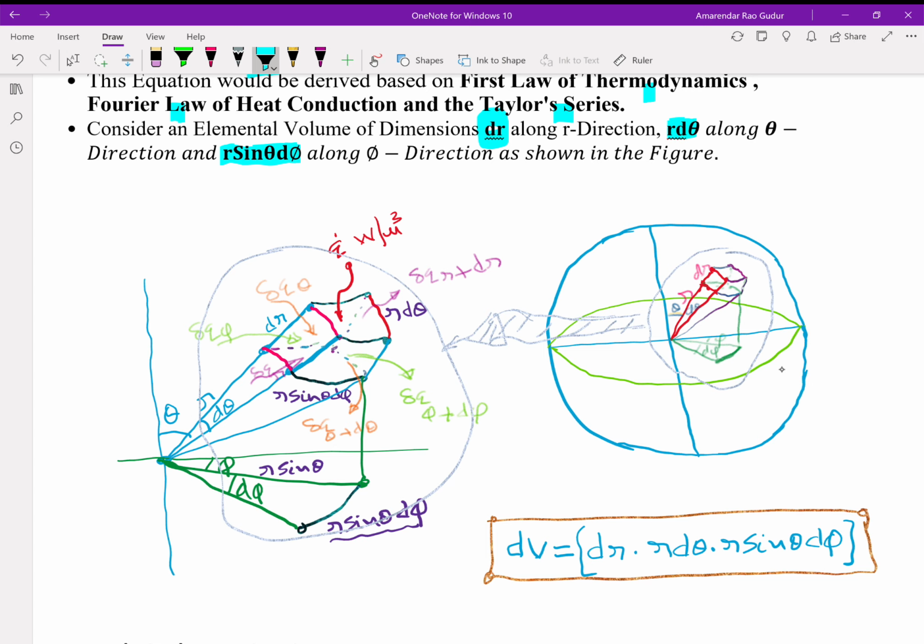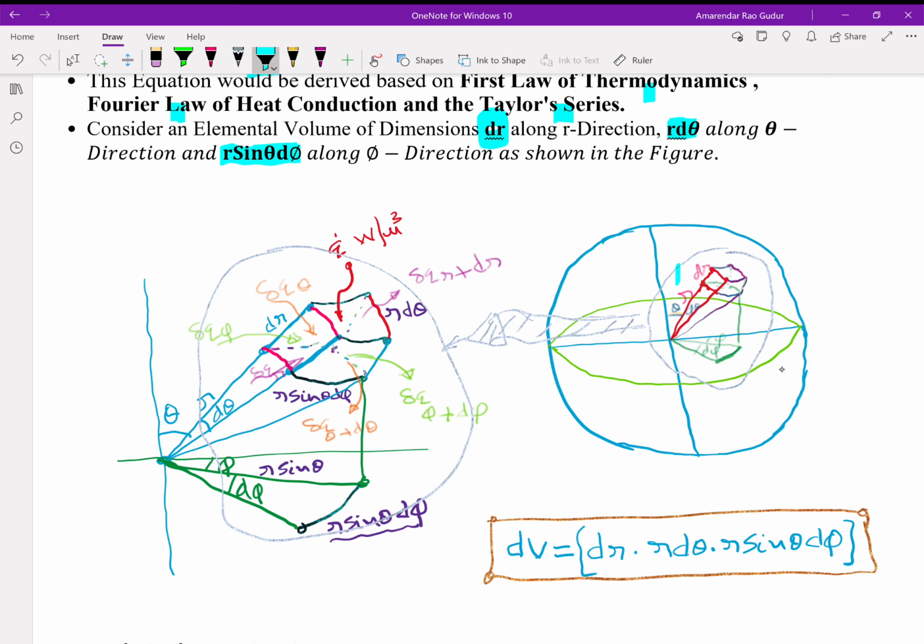And dr is the element dimension along r direction at any r as indicated over here. And theta can also be represented directly with the angle measured with respect to horizontal plane, and d theta is the elemental angle at the angle theta.